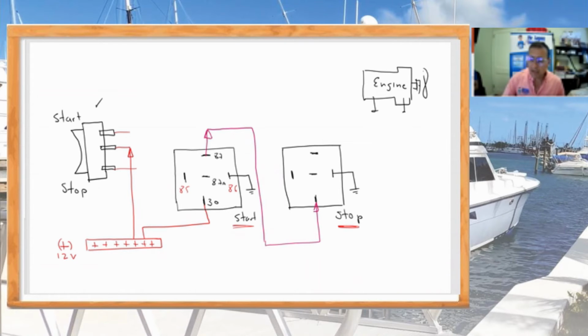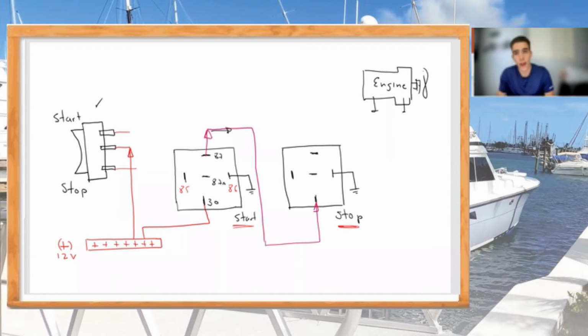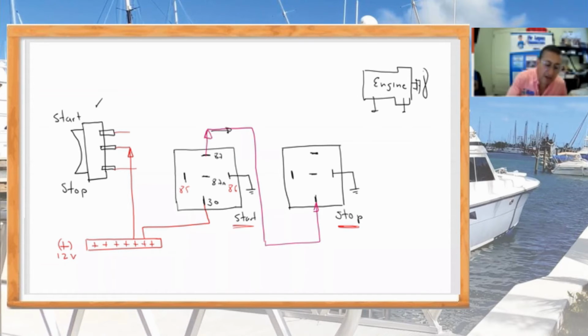If it's normally open between 30 and 87, the cable in the output at this moment, is it with power or not? No. Okay, I am going to press the momentary button to send power for a start. I am going to bring power here in the terminal 85.